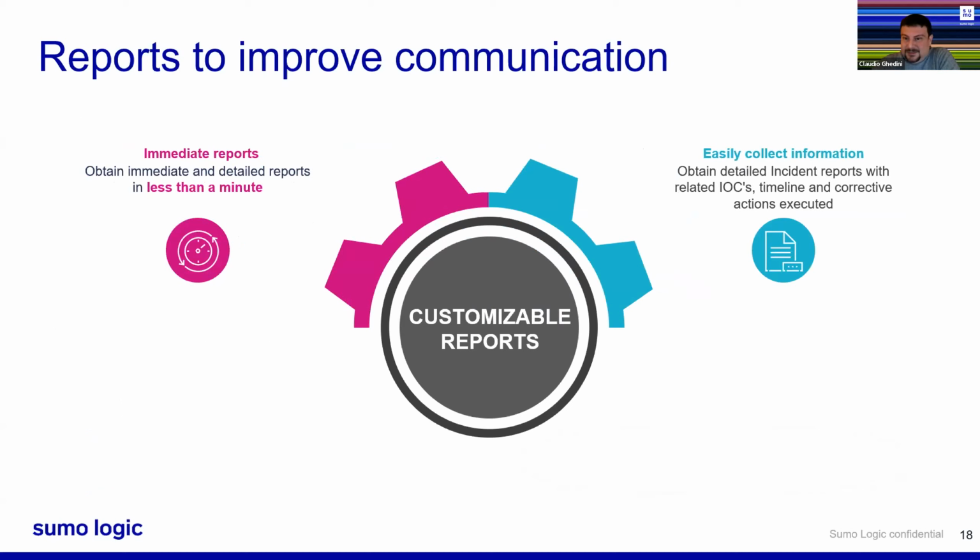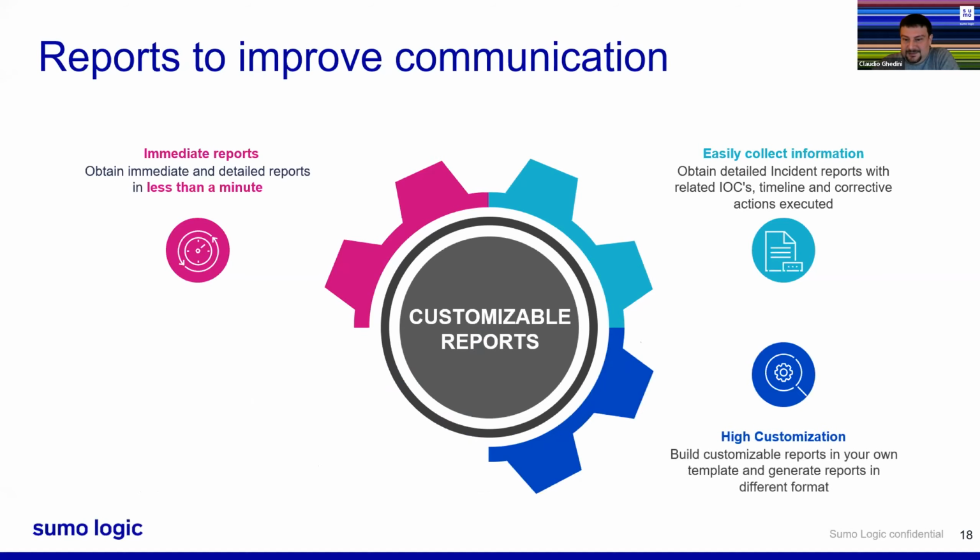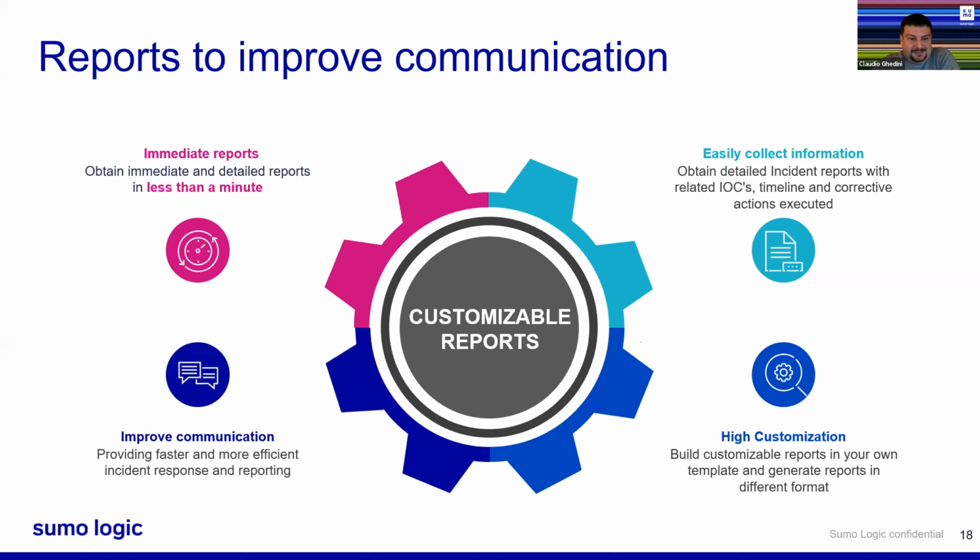It is a way to collect information very easily, so you can create reports with all the IOC details, the timeline, and all the actions that have been executed to contain and solve that incident. Reports have a high level of customization, so you can build your own template and also generate reports in different formats. This is very helpful to improve communication and your incident response.